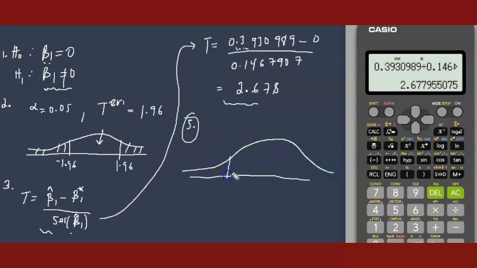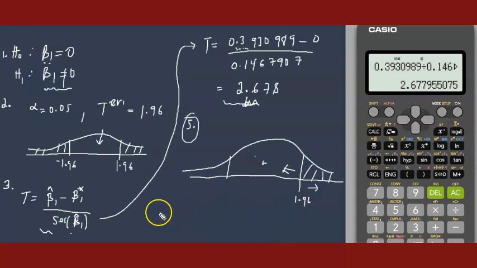This is a positive number, so let's put 1.96 like that. Then we check where the one we have found is falling. Is it in the acceptance region, or rather on the rejection region? We can see that it's on the rejection region.